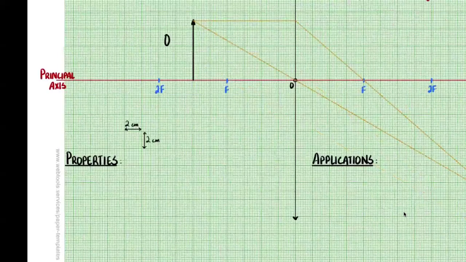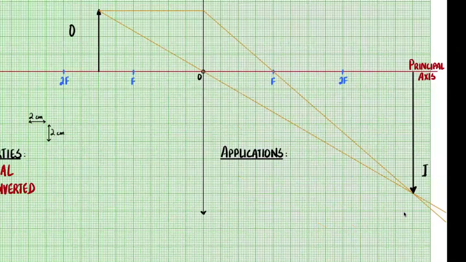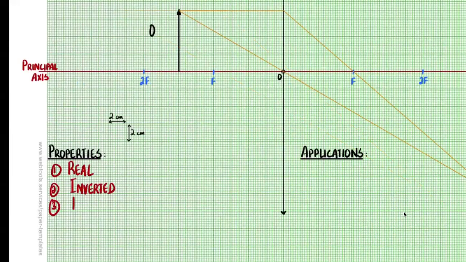So again, this is real, still, inverted, still. And it's also, if I now talk about the magnification, so the image is much larger, I would say this is magnified, because obviously the image height is greater than the object height. Generally, I would say that this is greater than 1.